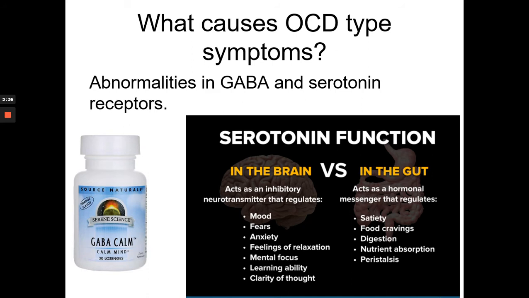All right, write this down. So one explanation for obsessive compulsive type symptoms would be neurological. It could be problems with GABA, or it could be problems with serotonin. GABA is a neurotransmitter that chills you out. So if you take Xanax or if you drink alcohol, that will affect your GABA receptors.